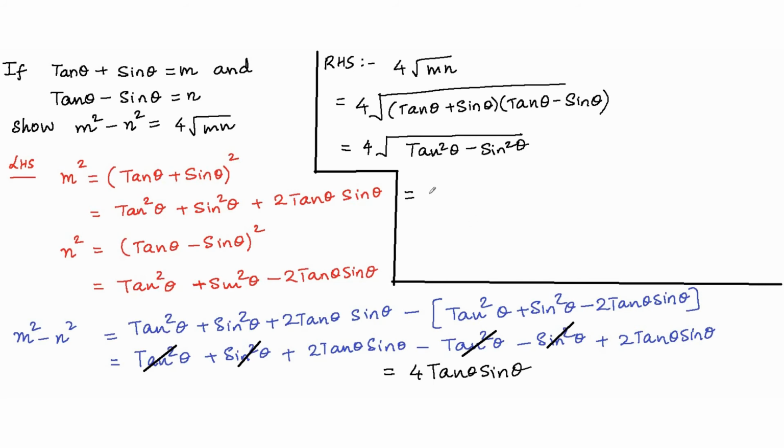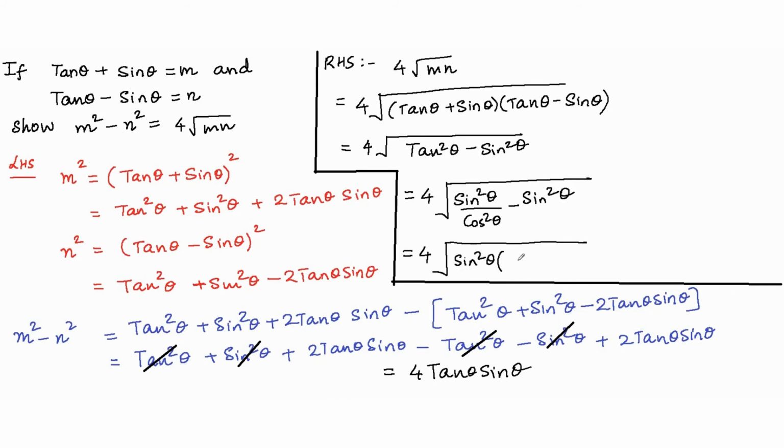So now I am going to write tan square theta in terms of sine and cos. So tan square is sine square theta upon cos square theta minus sine square theta. Taking sine square theta out as common, so it is 4 under root of sine square theta times 1 by cos square theta minus 1.